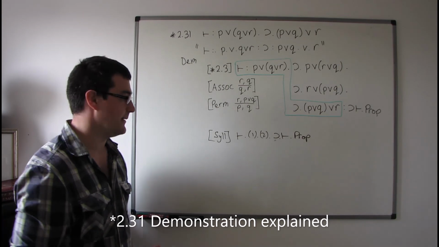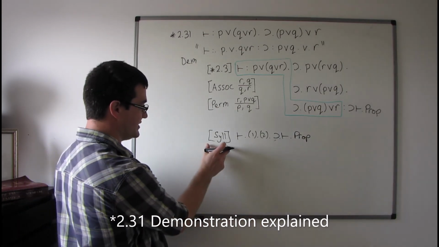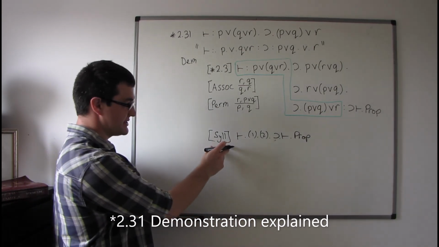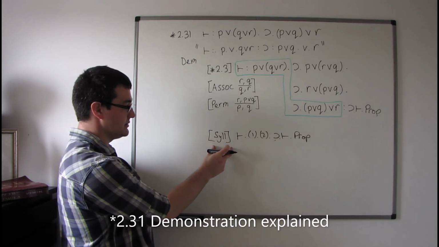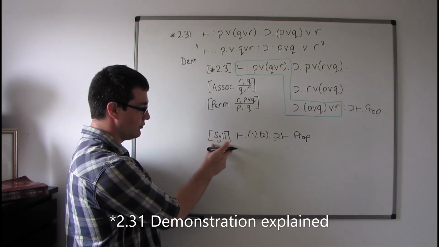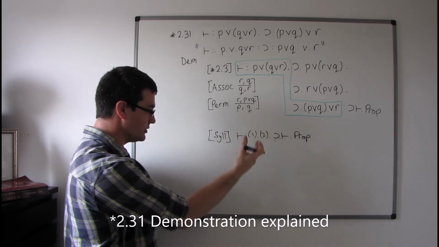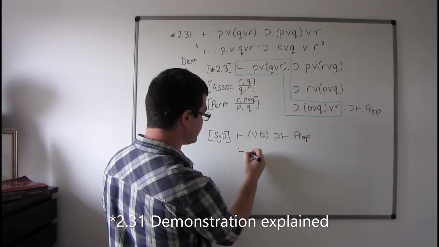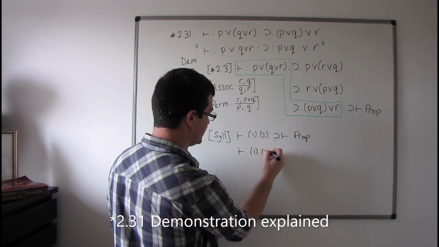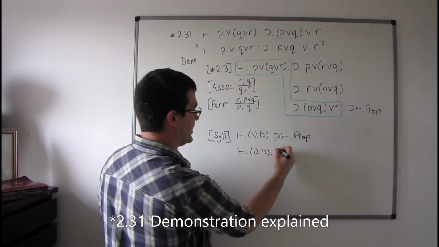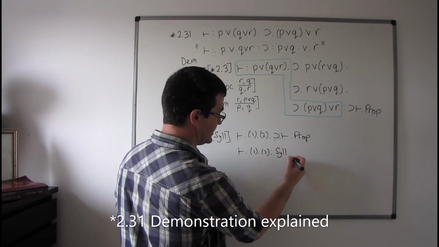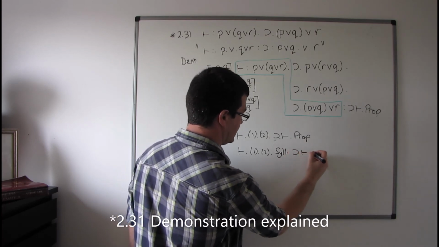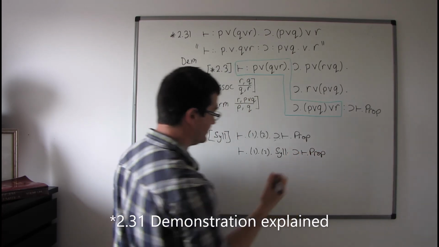Well, what we're going to see now is that rather than mentioning the Syll outside here, where it's kind of suggesting we're using it as a rule of inference, we're going to start writing something like this. 1, 2, so we're still using 1 and 2, and then we write Syll there, and prop.